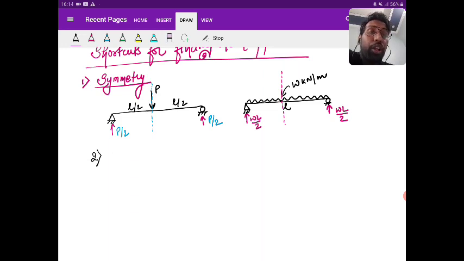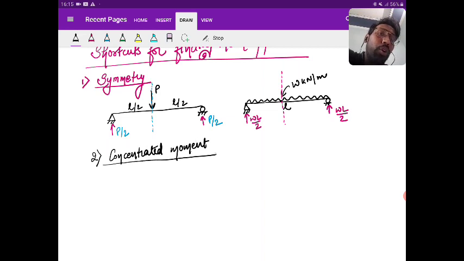Second shortcut is for concentrated moment. See, suppose I'm taking a simply supported beam, and the simply supported beam is subjected to a moment anywhere.